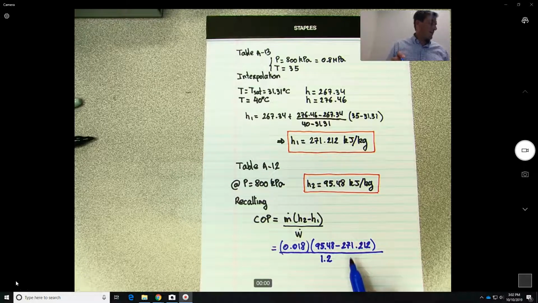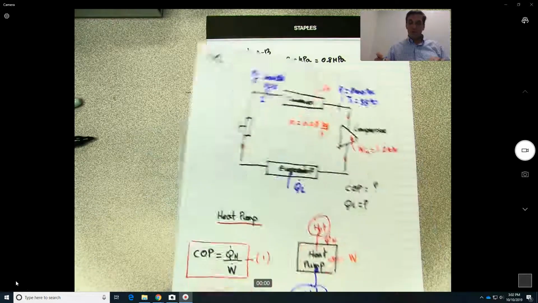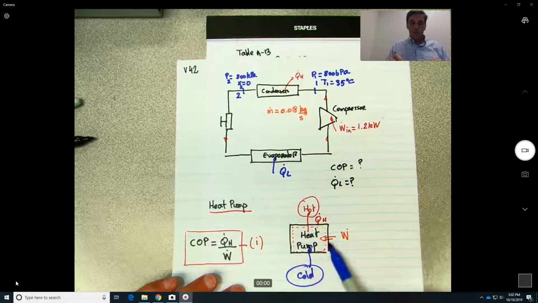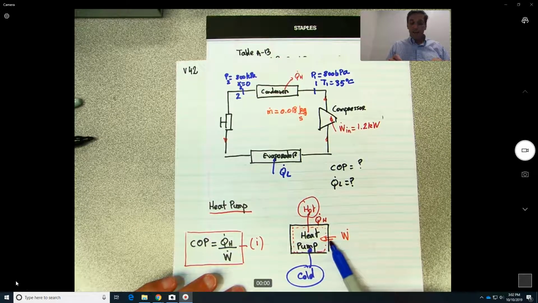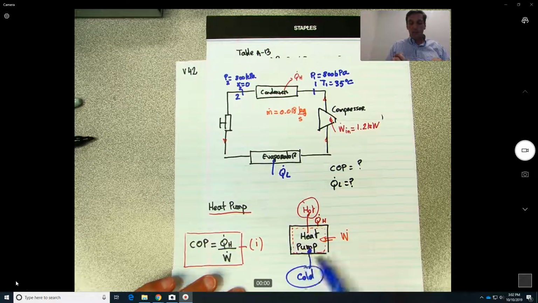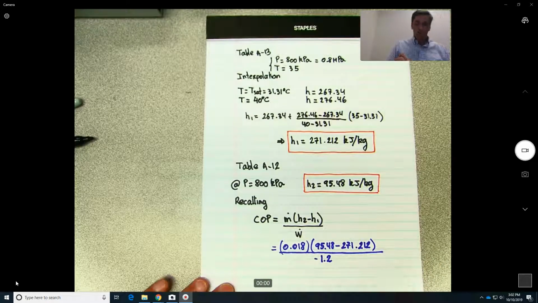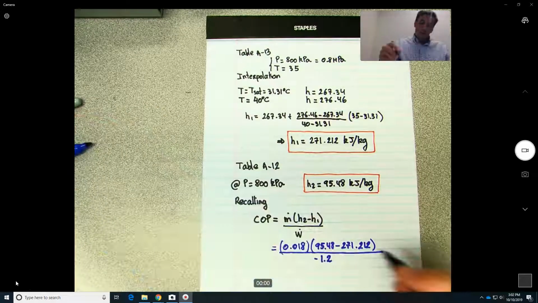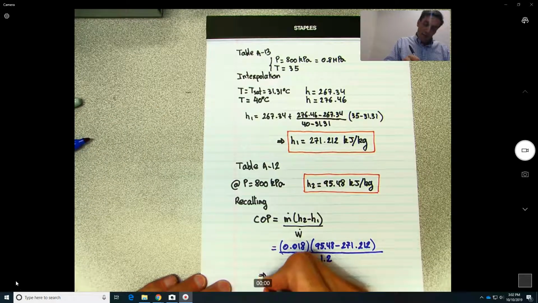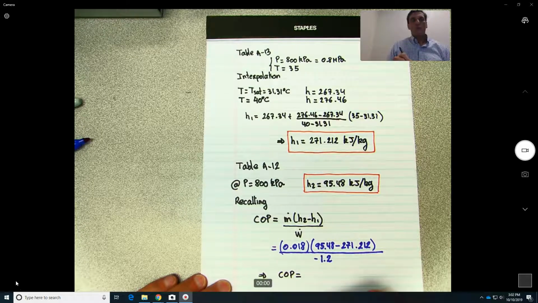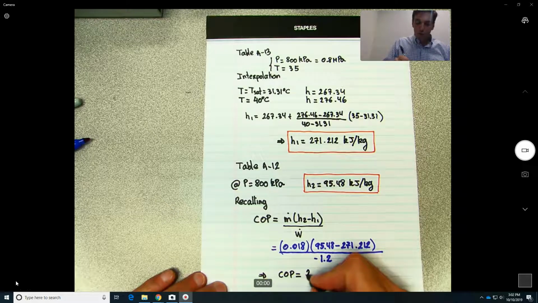Remember that the work going in the textbook convention is negative and the heat going out is positive. So then this is actually minus 1.2. So that at the end, once you do the calculation, the coefficient of performance for this system is equal to 2.635.